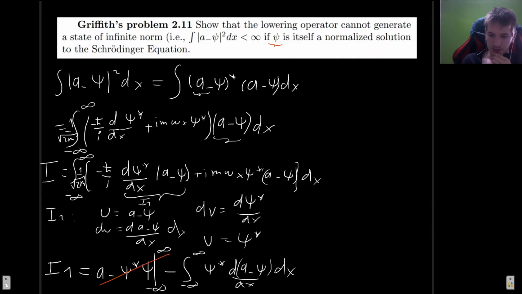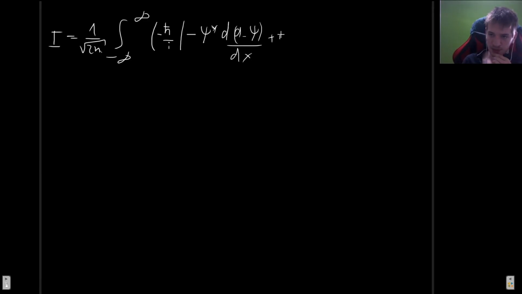Was there anything else? No, that was it. The dx is just going to be on the end. And then we had the second part, which was i m omega x psi conjugate A minus psi.